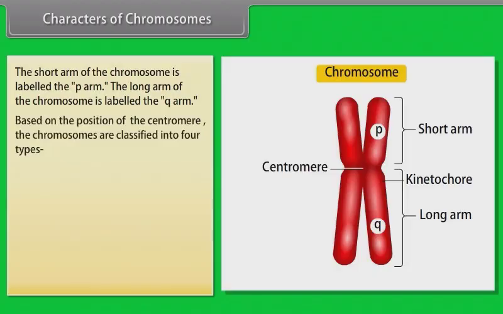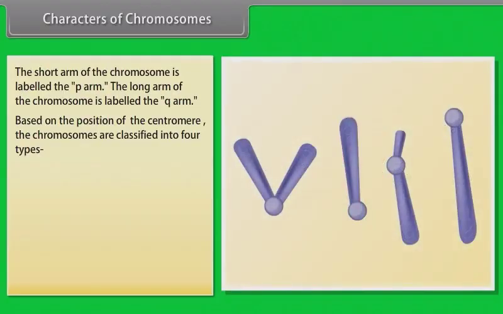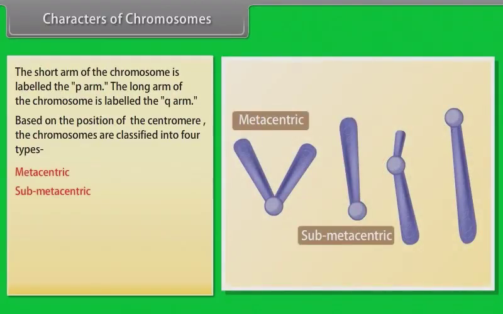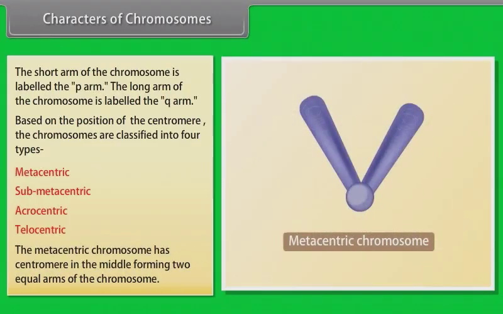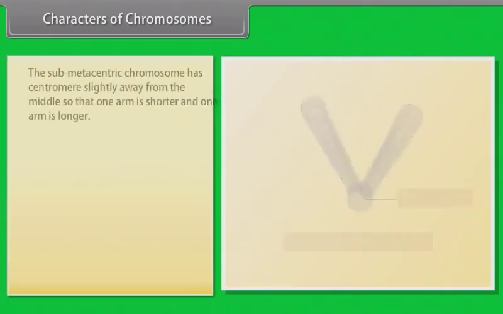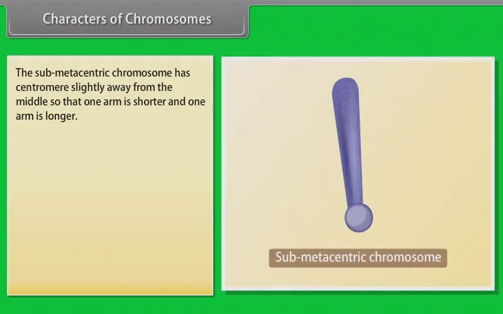Based on the position of the centromere, the chromosomes are classified into 4 types: metacentric, submetacentric, acrocentric, and telocentric. The metacentric chromosome has centromere in the middle, forming 2 equal arms of the chromosome. The submetacentric chromosome has centromere slightly away from the middle so that one arm is shorter and one arm is longer.